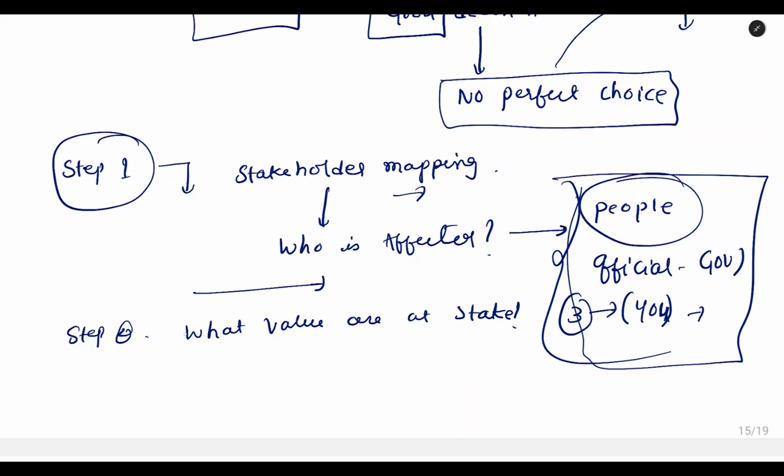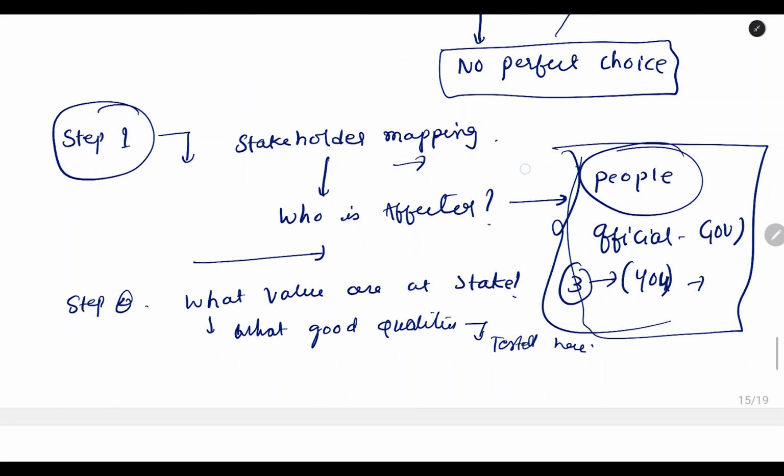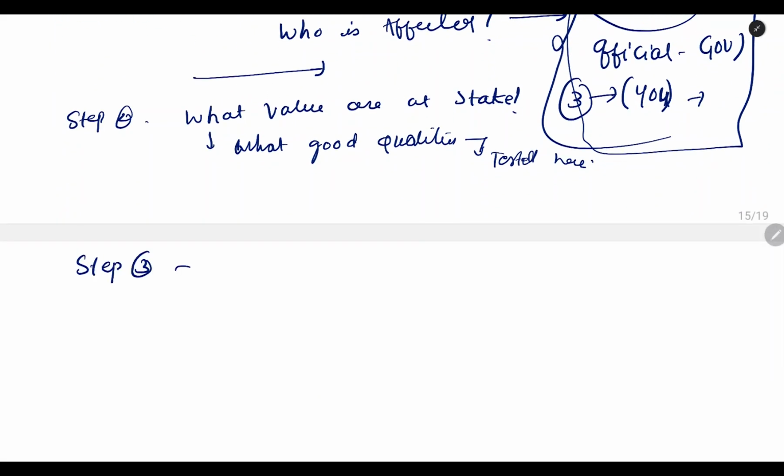You should not use simple language like this is the problem, this is the answer, or extreme language. Think like this: what good qualities or good values are being tested here through the case study? Then step 3: what can I do?